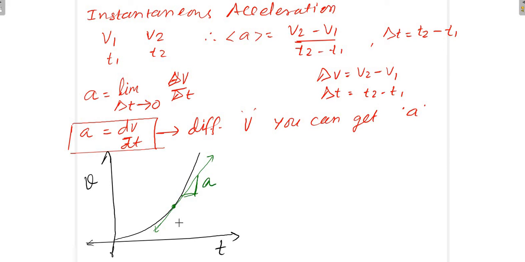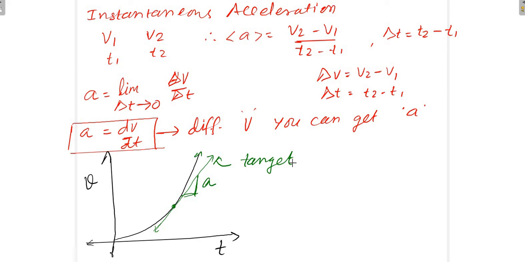Right? So this is how, and this is the tangent. This is the concept of instantaneous acceleration. Graphically, this is how you can find out. Mathematically also you can find out, but provided you should have the mathematical expression of velocity as a function of time, right? So this is the application of mathematics in physics.